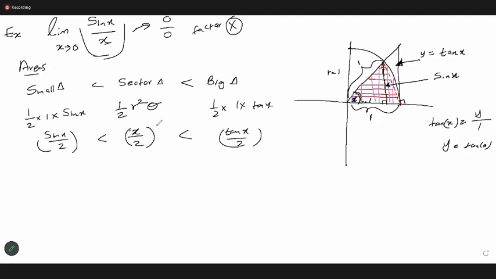Okay, now I will do some tricks here. Now I am dividing all the terms by sin x.